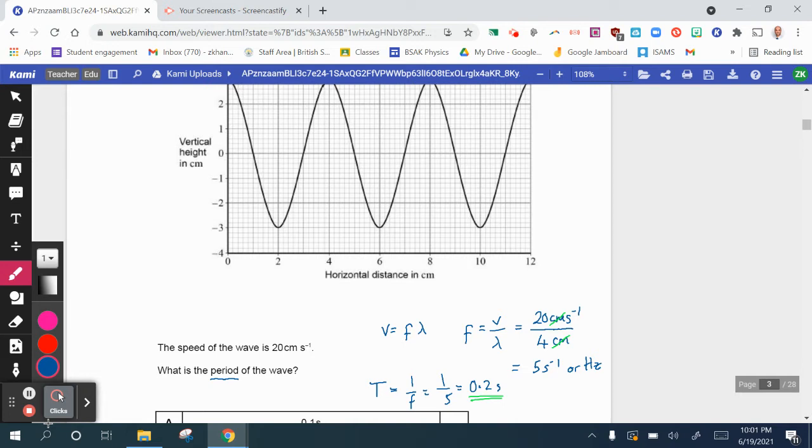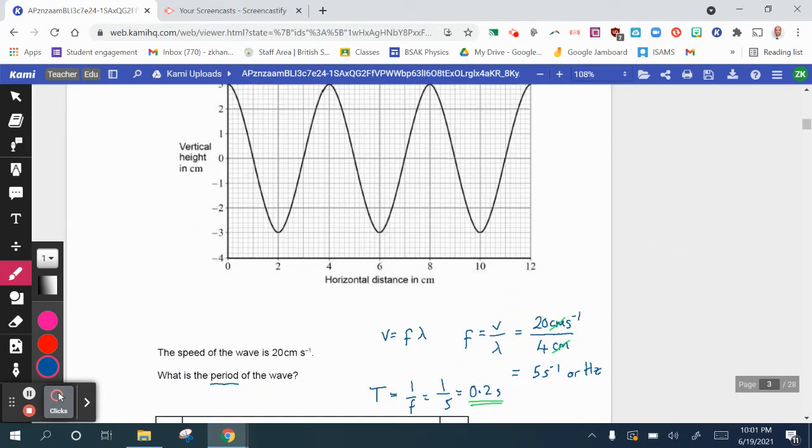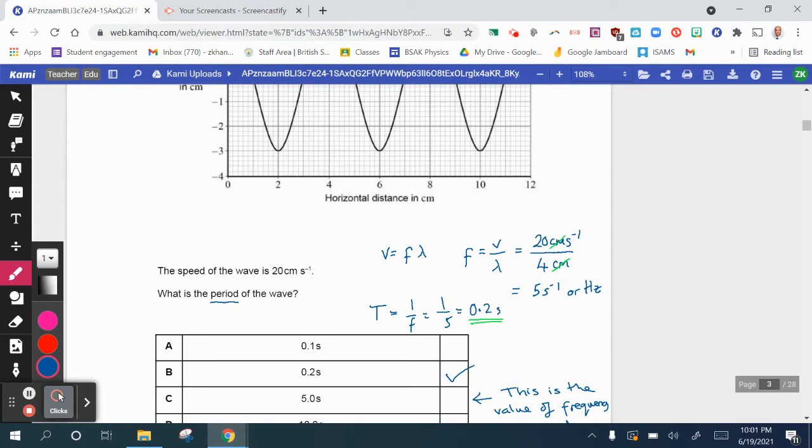If you converted this into meters per second and this into meters as well, you would still end up with the number 5 here. Okay, and that's 5 seconds to the minus one, so 5 hertz. That's not what the question's asking. So if you found that, that is frequency, but the question is what is the time period?